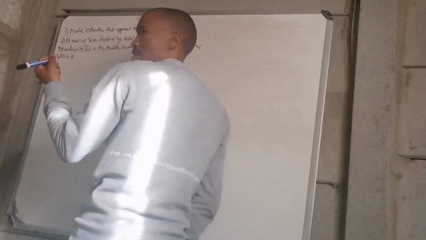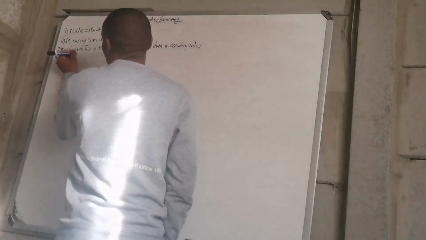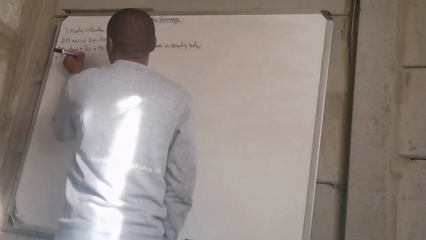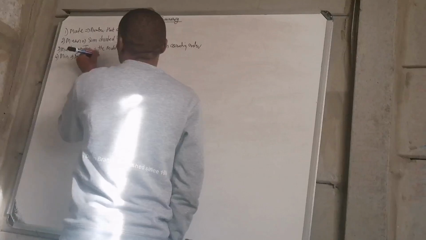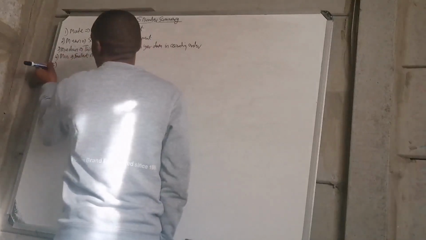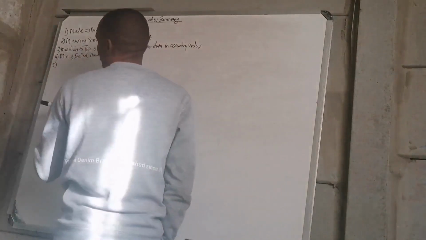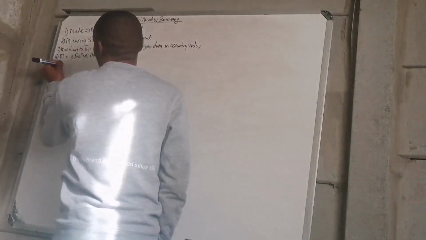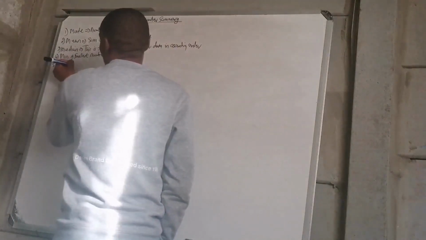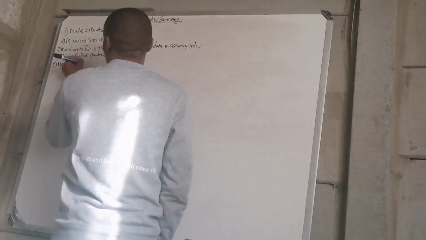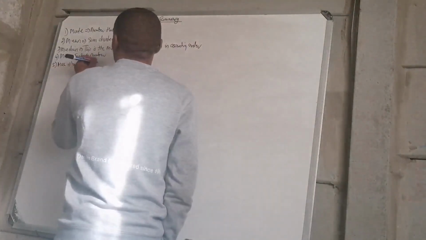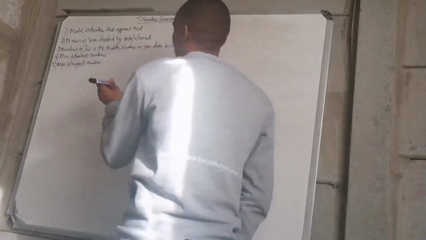The minimum gives the smallest number on your data. The maximum gives the biggest number on your data.